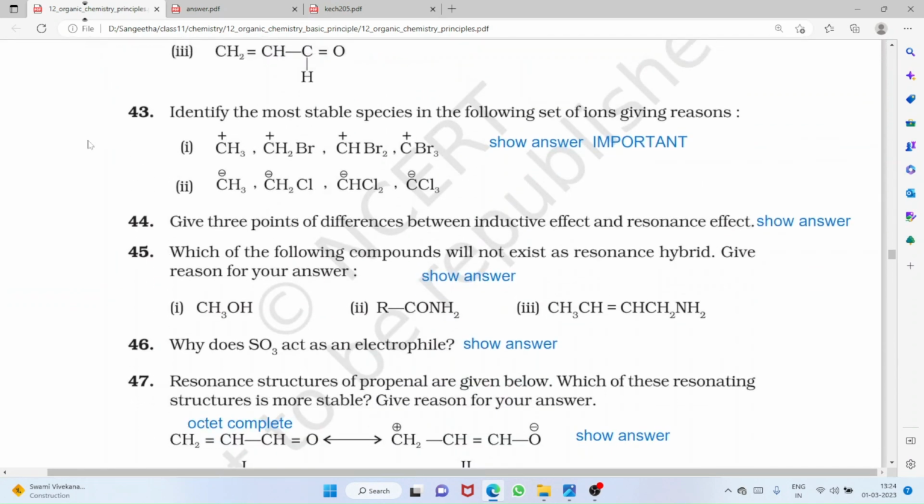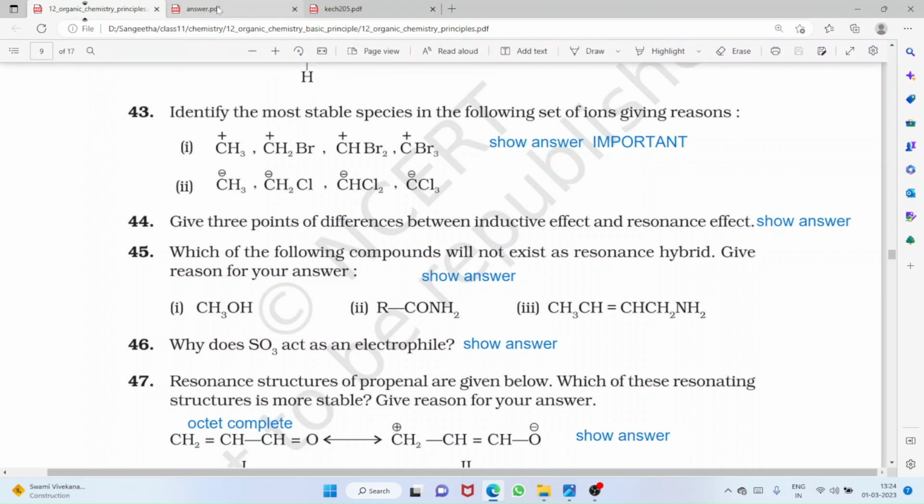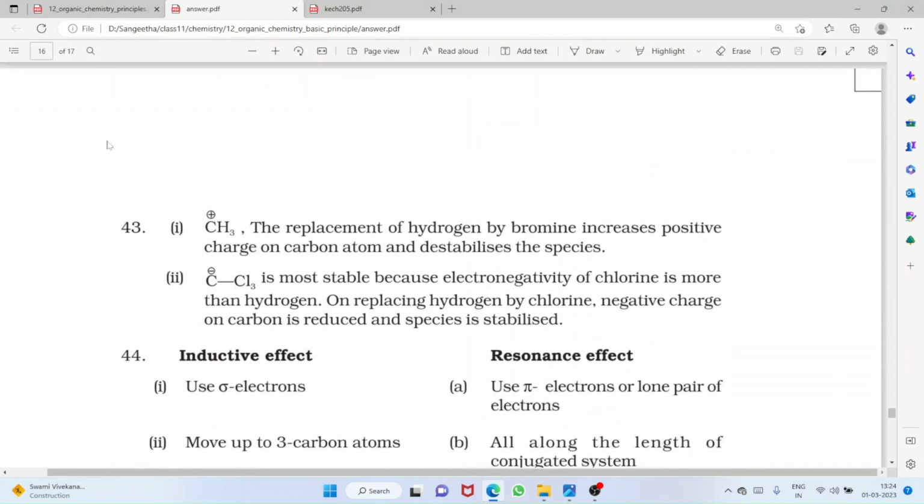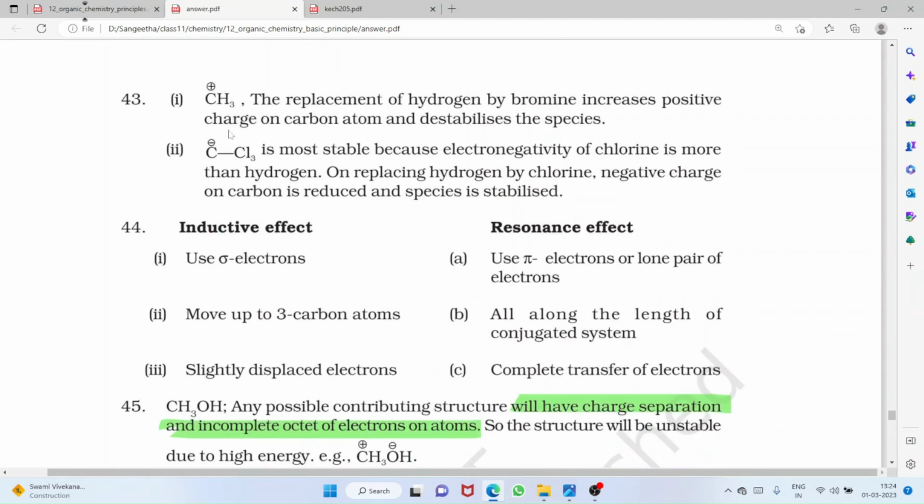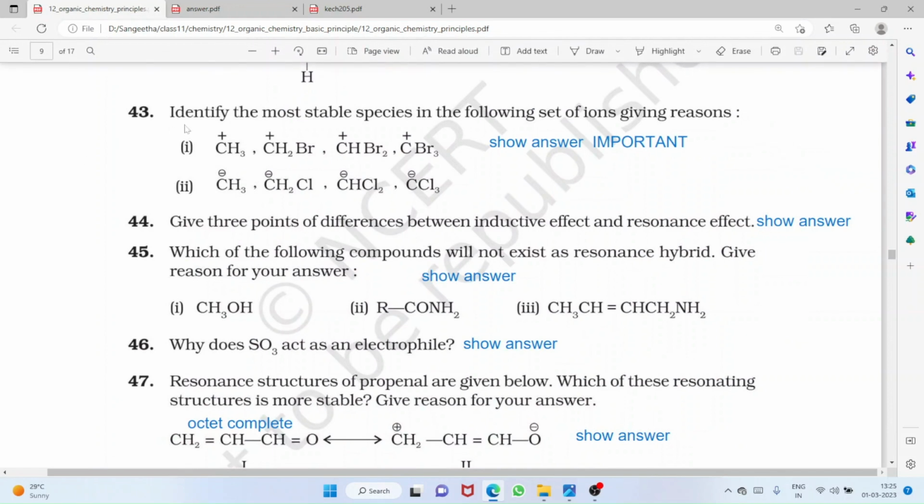Identify the most stable species in the following set of ions. Give the reasons. Replacement of hydrogen by bromine increases the positive charge on the carbon atom and destabilizes the species. This is the most unstable. Here they are asking to identify the most stable.